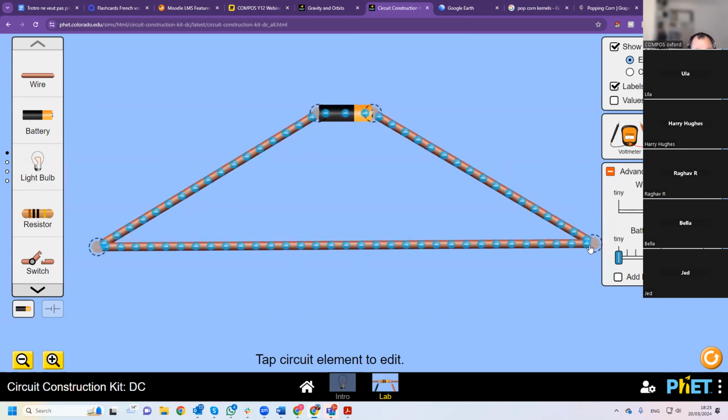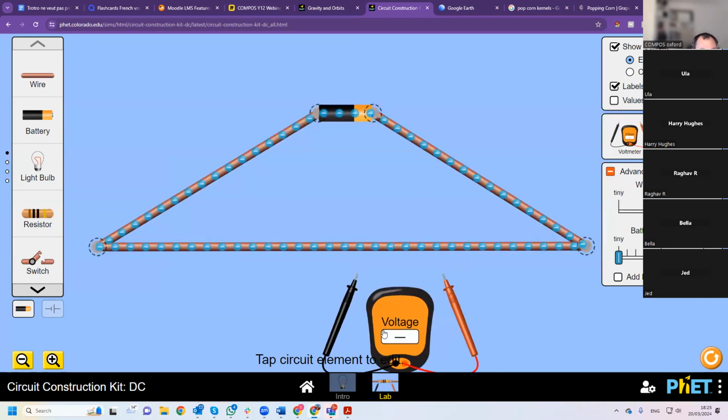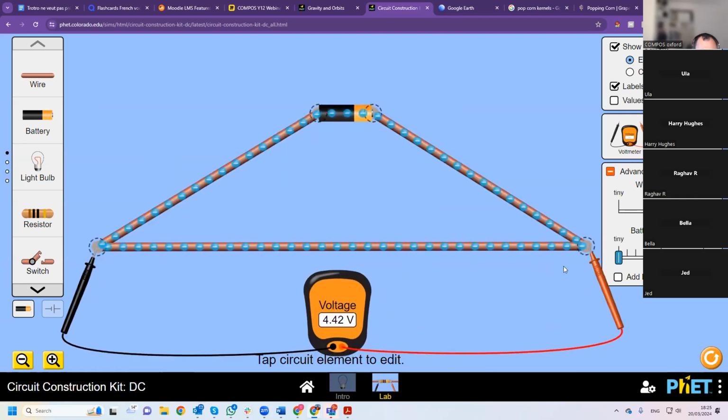Okay. So imagine I have a wire with high resistance. The difference between a current and a short circuit is whether the wires have sufficient resistance or not. So if the wires have a lot of resistance, there's not going to be a lot of current. And I can see that there's a current flowing through this wire. And if I take a voltmeter, I can see that there's a voltage across the wire.